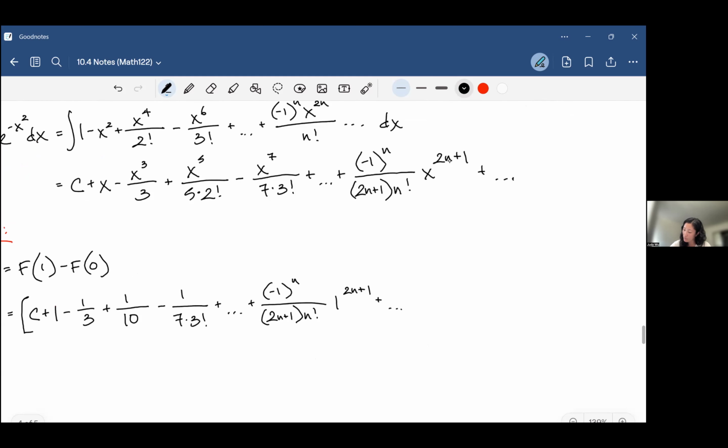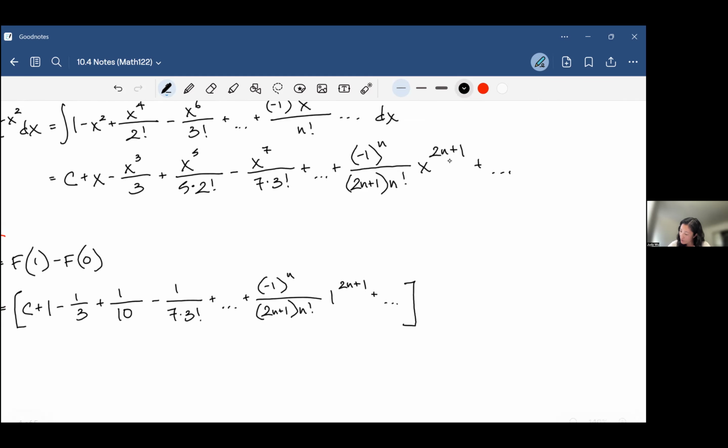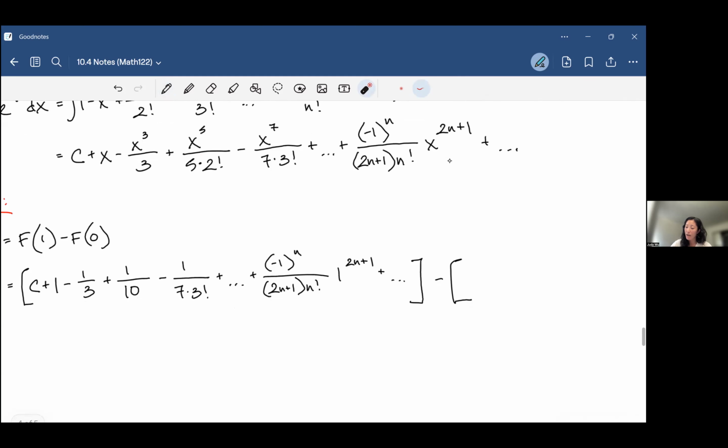That's what I get when I plug in 1. But when I plug in 0, everything is going to go to 0 except for my c. So we've got a c here.